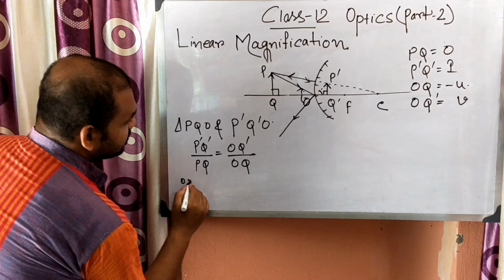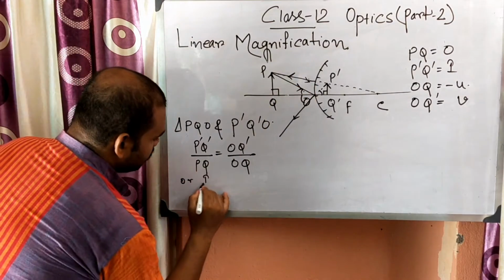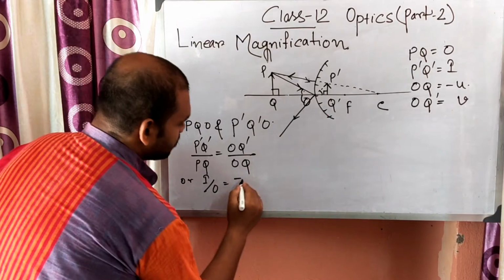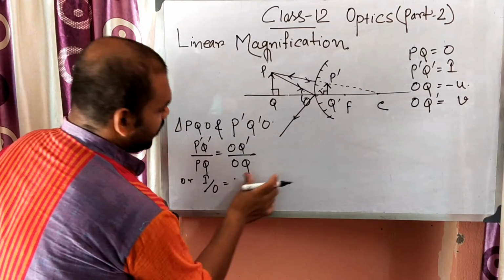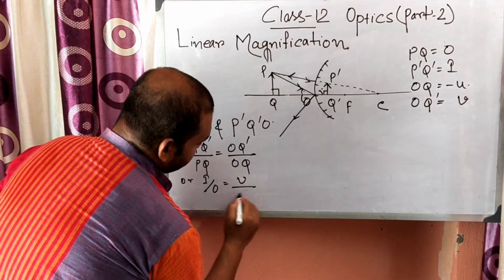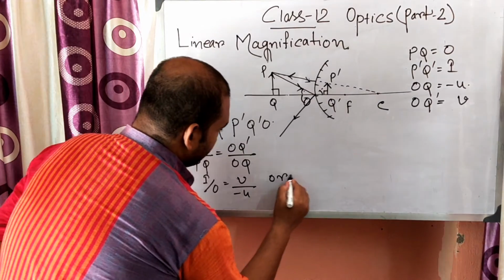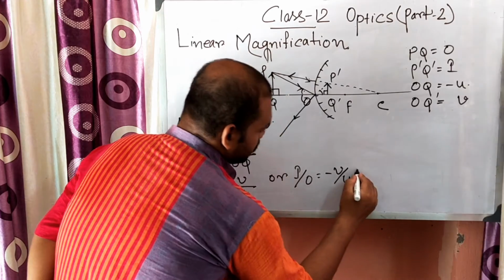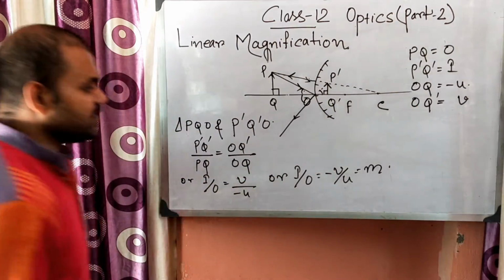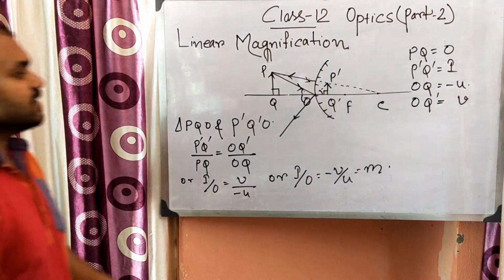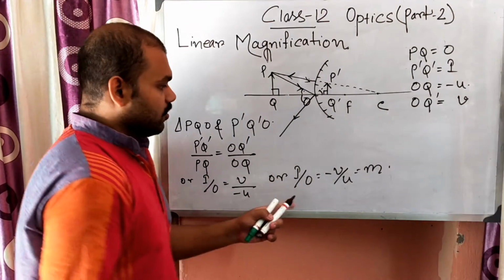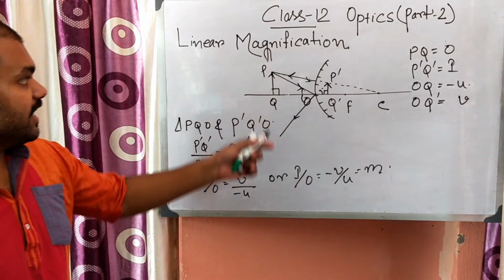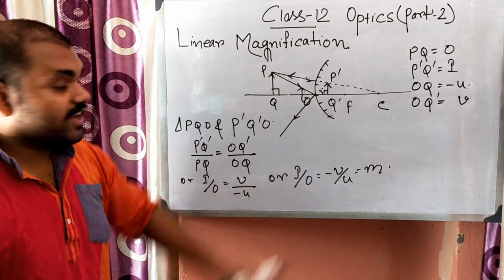This is I by O, and OQ prime is V and OQ is minus U, so I by O is equal to minus V by U is equal to M. This is the formula of linear magnification in case of a convex mirror.